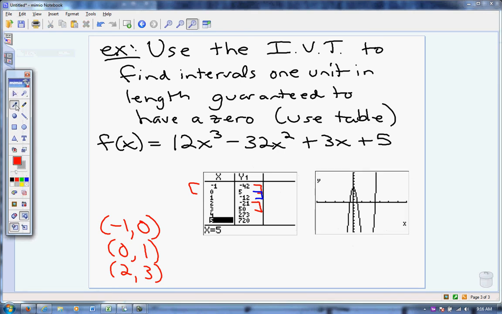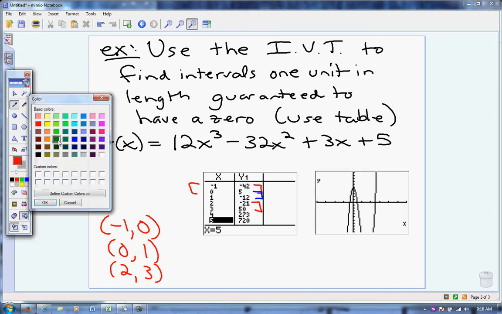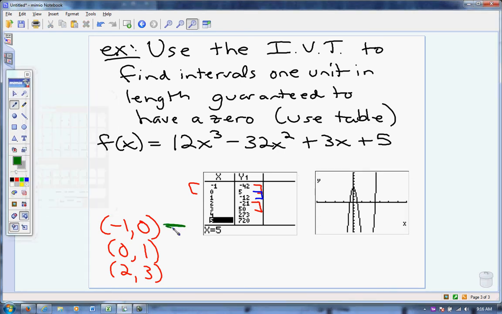We said there had to be zeros between negative 1 and 0. Well, there's a 0. We said there had to be a 0 between 0 and 1. There's another one. And then we said there had to be a 0 between 2 and 3. There's another one. Okay, so the intermediate value theorem proved correct. And we're going to stop there for today.